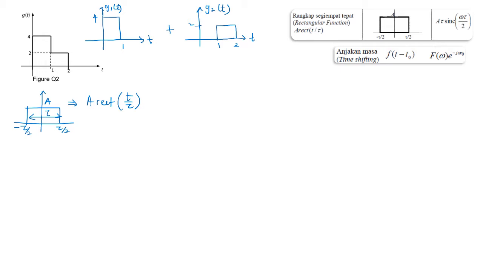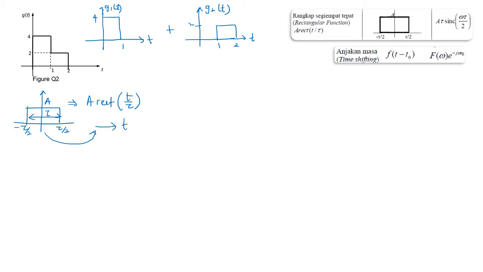So you need to compare: the reference rectangular should be symmetric about the y-axis, half on the right-hand side and half on the left-hand side. If compared to the signal that we have, all of it is on the right-hand side, meaning the reference rectangle has been shifted to the right by a certain t.